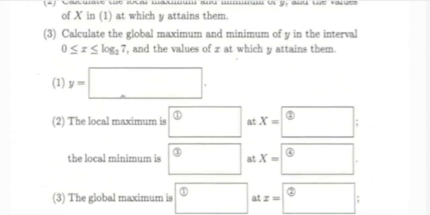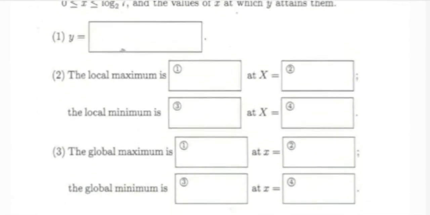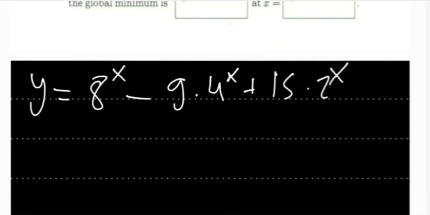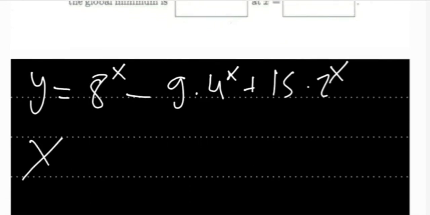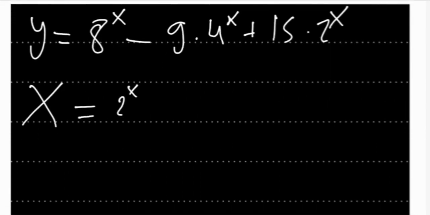So he's telling you to consider big X equal to 2 to the x power, okay? So he wants us to say y in terms of big X. So this is what he wants.